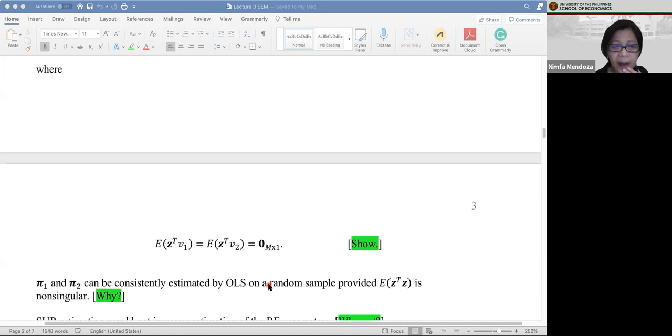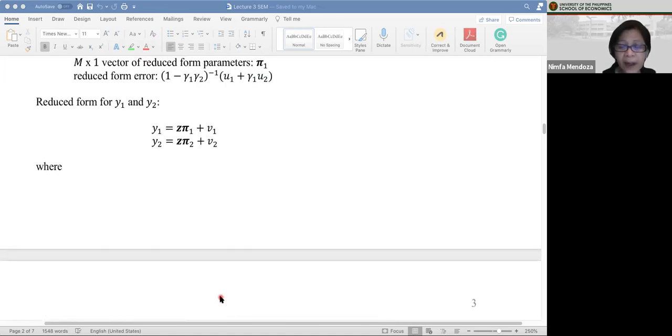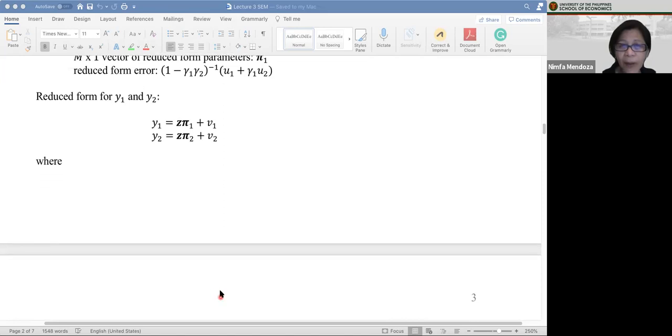Okay. So note that pi sub 1 and pi sub 2 can be consistently estimated by OLS on a random sample provided the expected value of Z transpose Z is non-singular. Why can it be consistently estimated by OLS? Well, if you do estimation by OLS, you're really doing OLS equation by equation, right?